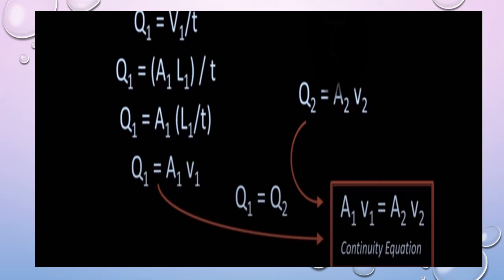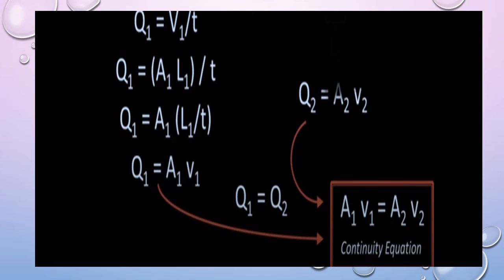We know that the volume of a cylinder is given as the cross-sectional area times its height, so in this case we can write volume V1 is equal to A1 times L1. Here the area of the inlet on the left hand side is A1 and the length of this segment is L1. So we can write Q1 is equal to A1 L1 over T. Here we can group the equation differently by dividing the length by time.